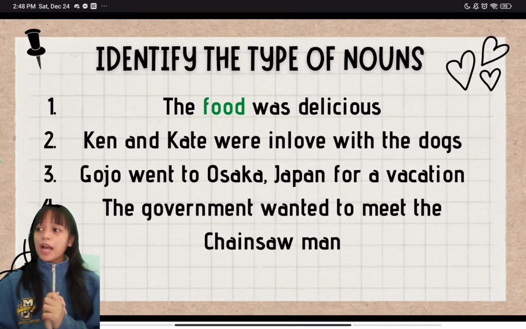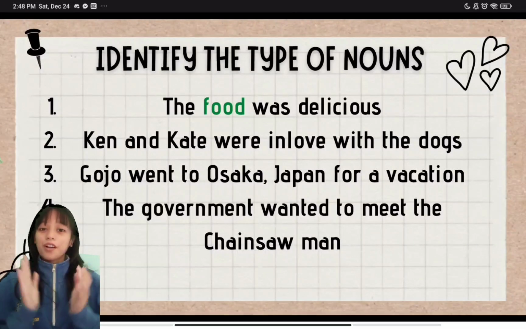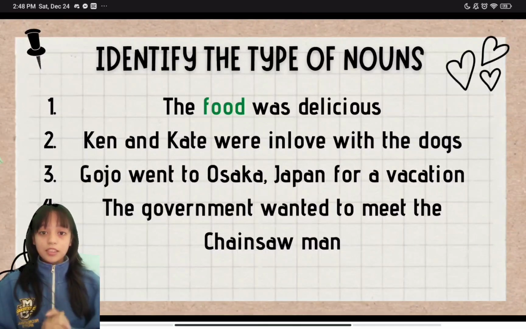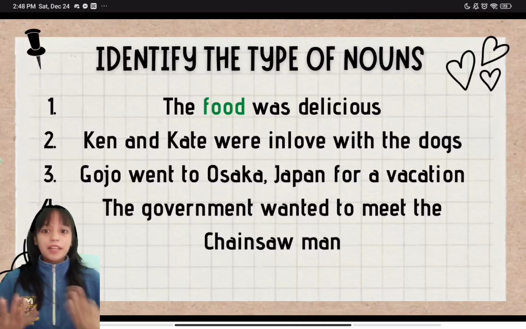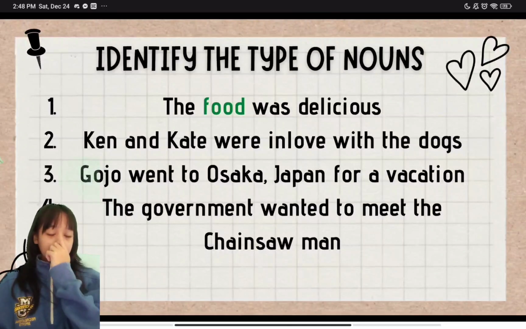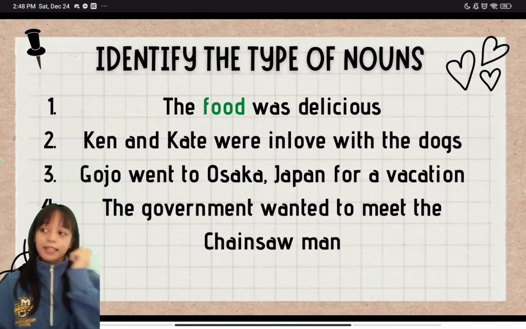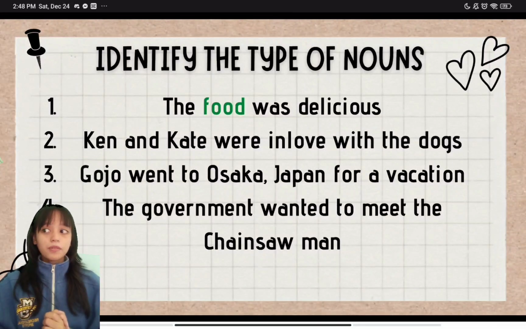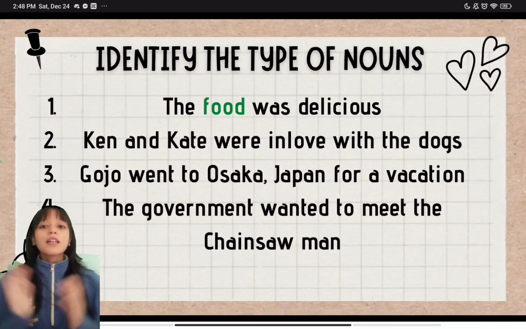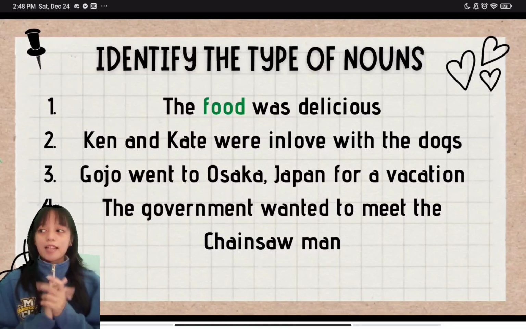So, what type of noun is food? Yes, common. Correct. It's a common noun because it's generalized. It's any place, any person, anything, any food. But it's not specified. So, it's a common noun because it did not say what type of food it is. Correct. Very good. I'm glad you understand.